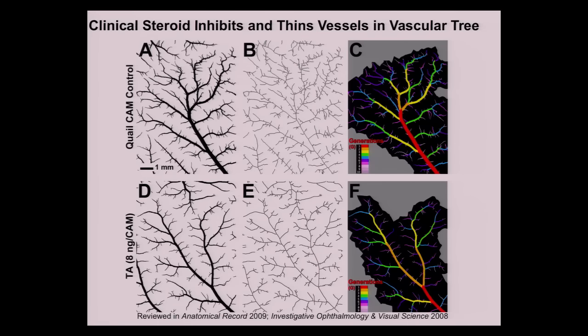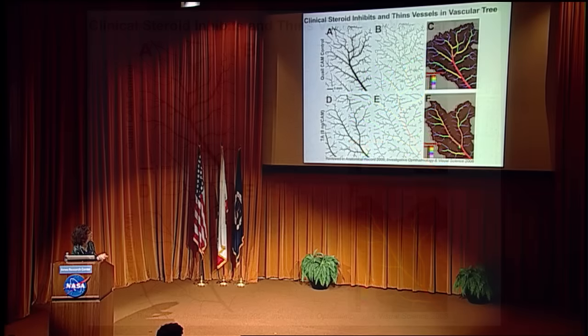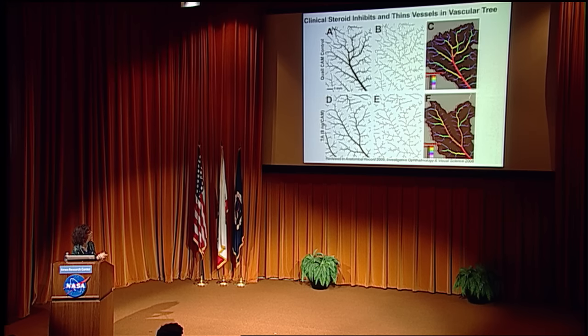So again, it was no surprise that we did measure and quantify the significant inhibition of the small vessels by this drug. However, because of the vascular patterning capabilities of our analysis, we did make, I think, a novel discovery, a useful discovery, in that the steroid also thinned the vessels, the diameters of the vessels, throughout the branching tree.